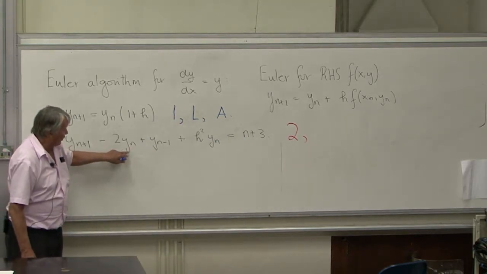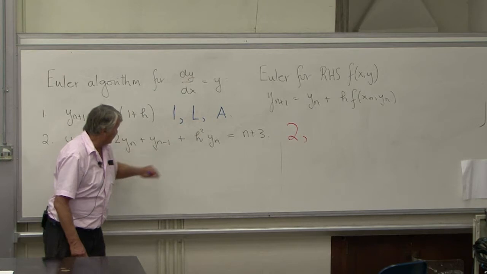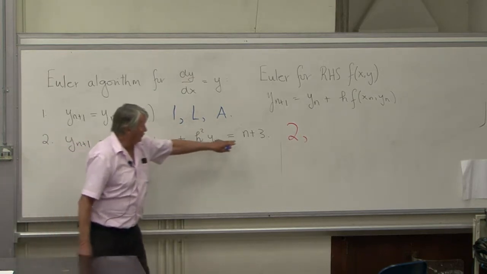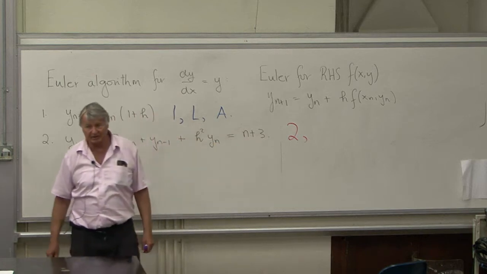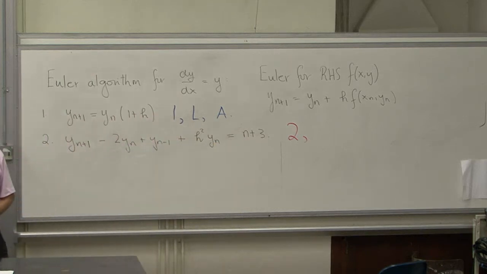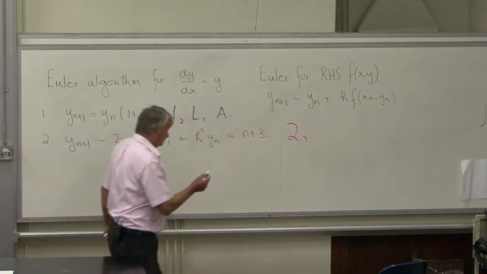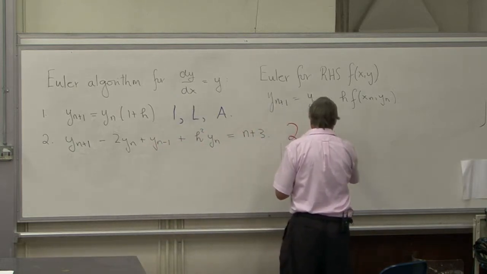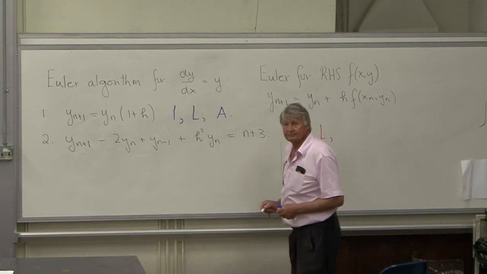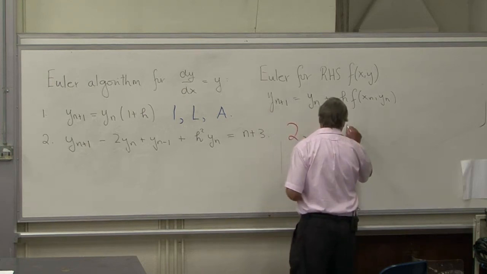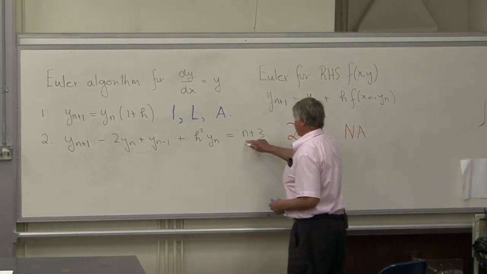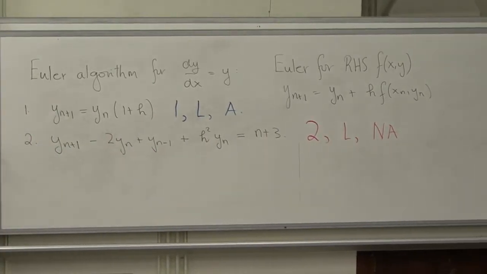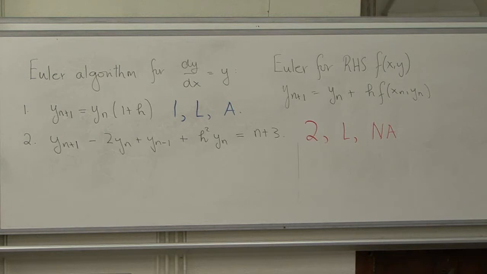The coefficient of yn is minus 2 plus h squared. The coefficient of yn minus 1 is 1. And the coefficient of 1 is n plus 3. So it's linear. Is it autonomous or non-autonomous? It's non-autonomous because the coefficient depends upon the independent variable, the running integer n.